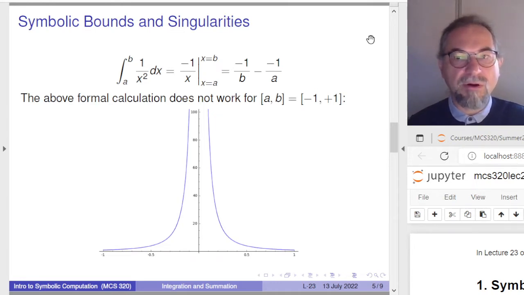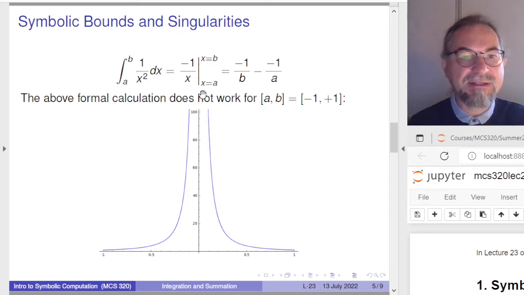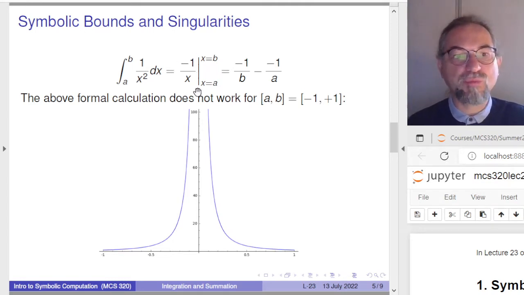Suppose that we apply this fundamental theorem of calculus to the function 1 over x to the power 2, then this function has a symbolic antiderivative. You can see this by taking the derivative of minus 1 over x, which is also written as minus x times x to the power minus 1.